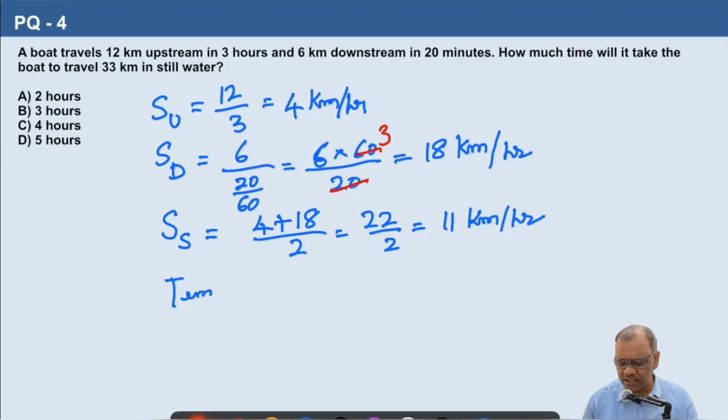For 33 kilometers, time, divide this by the speed, 11 kilometers per hour. So 33 by 11 is 3. 3 hours is the time taken for traveling 33 kilometers in still water. So option B is the correct answer here.